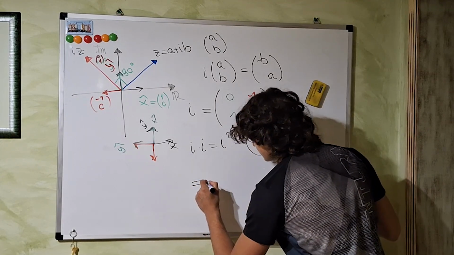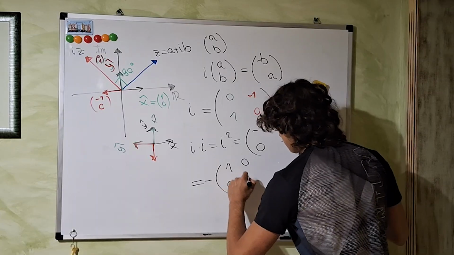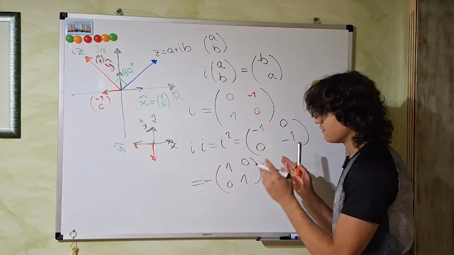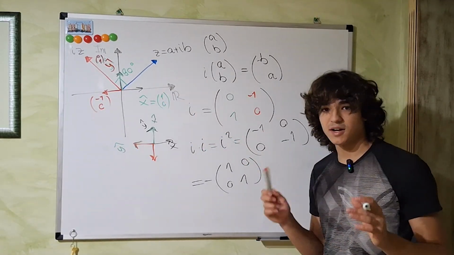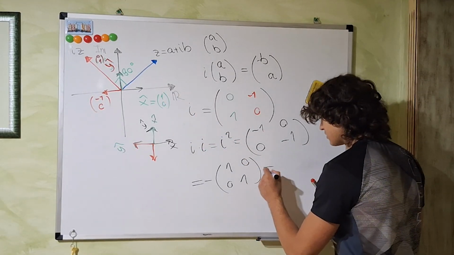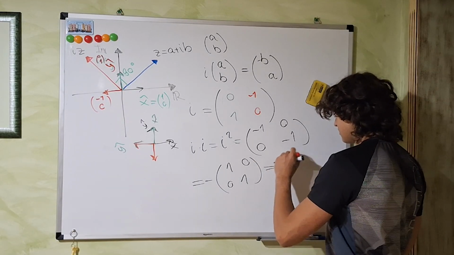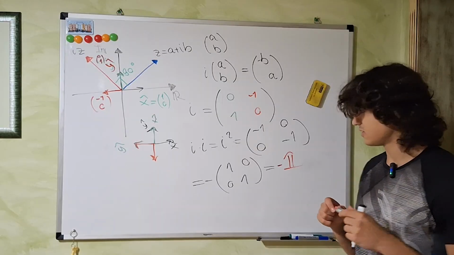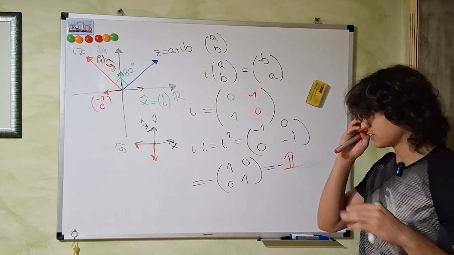So we can write it the following way: -1 times the matrix 1 0 0 1. But this is exactly the starting point, 1 0 0 1. In fact, this is the identity matrix. So i squared is minus the identity matrix, which is the matrix version of -1. So it really all works out nicely.